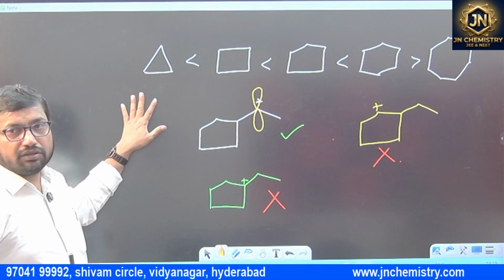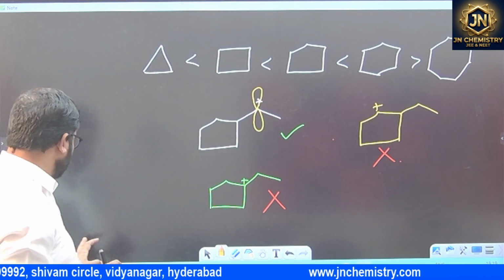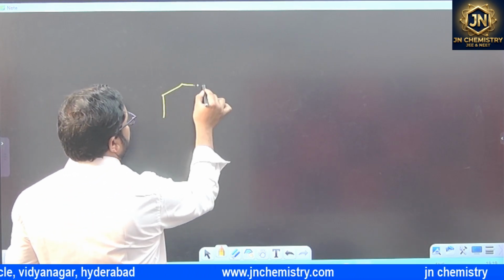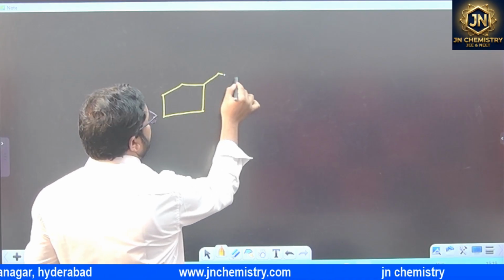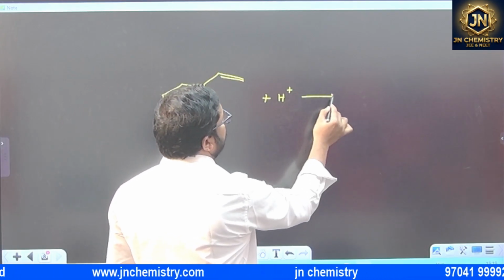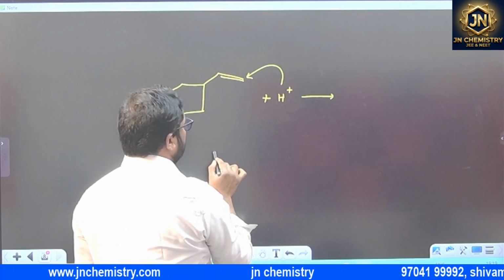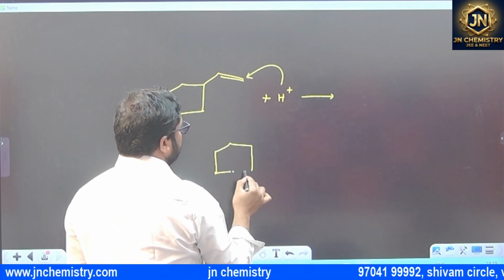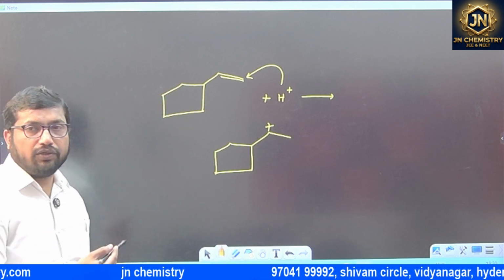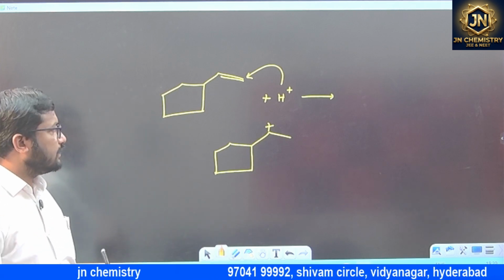First you should know this point. Next, by default, H plus comes and attacks over here and we get the compound like this. Here is the carbocation. In this case ring expansion takes place.